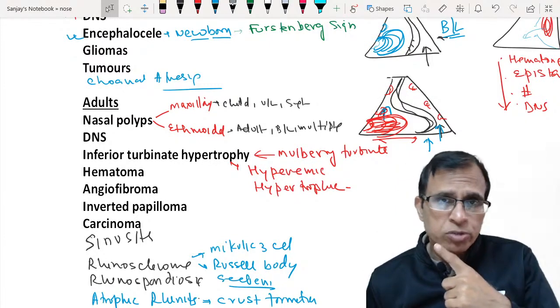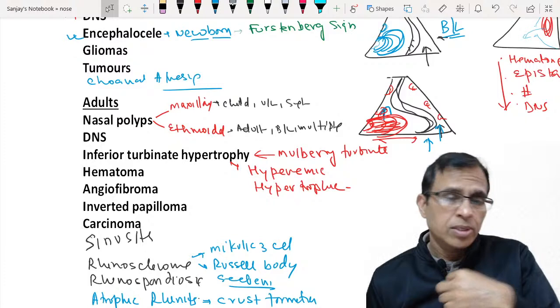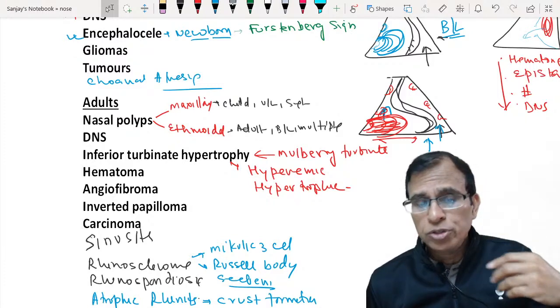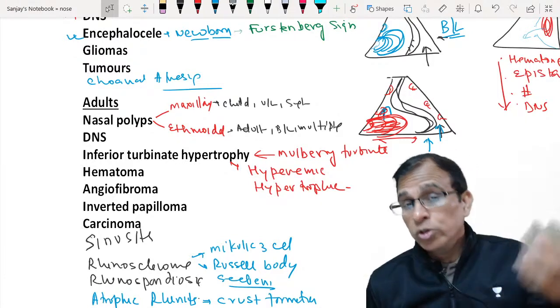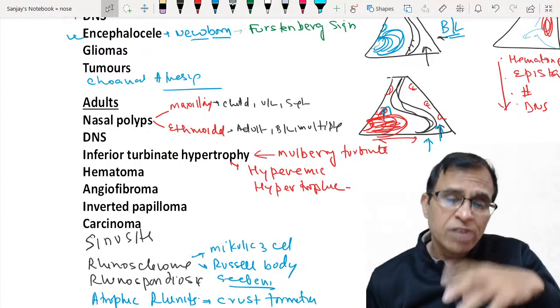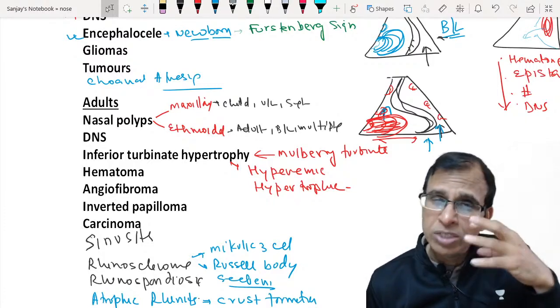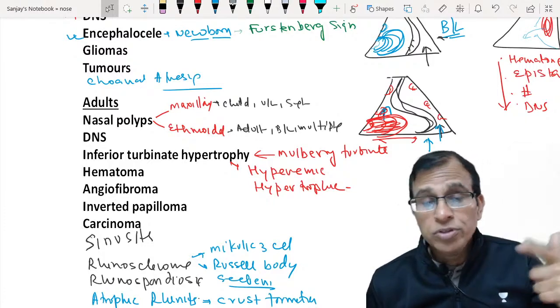On the open side there is no discharge, because all the nasal secretion is going to the nasopharynx. But on the side with choanal atresia, the discharge is not going to the nasopharynx, so the discharge from the sinus will come out. So this child will have unilateral discharge all the time. The nose is flowing usually on one side. That should give you a hint.